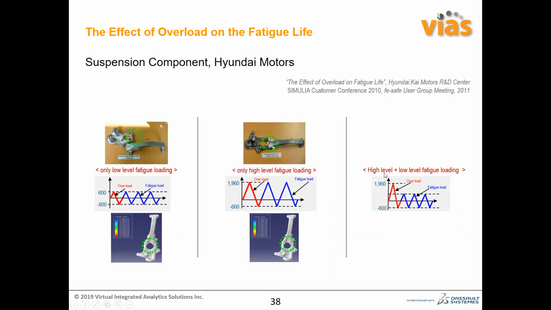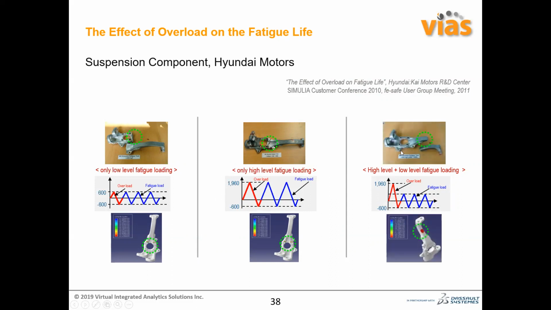But then they changed the loading to a combination of high and low cycle amplitude, and if you see here, the location of the fatigue failure is completely changed to a different location. So the history of the loading plays a big role in the fatigue calculation.